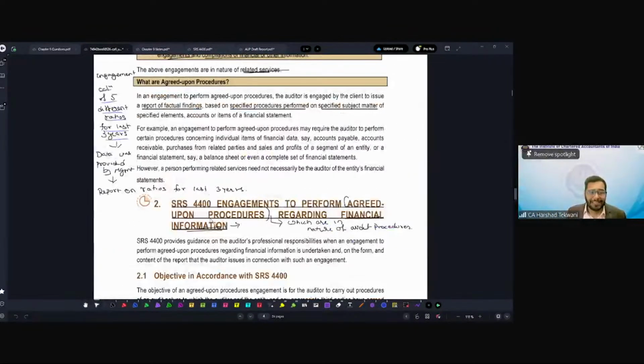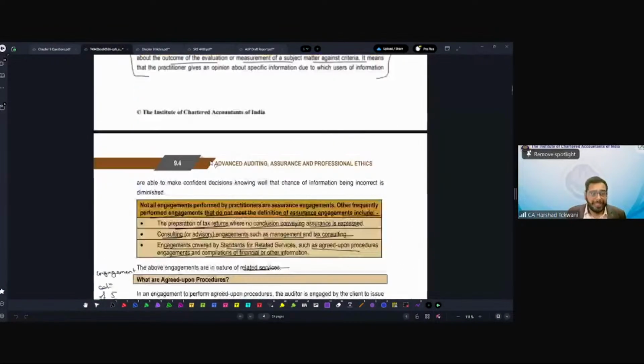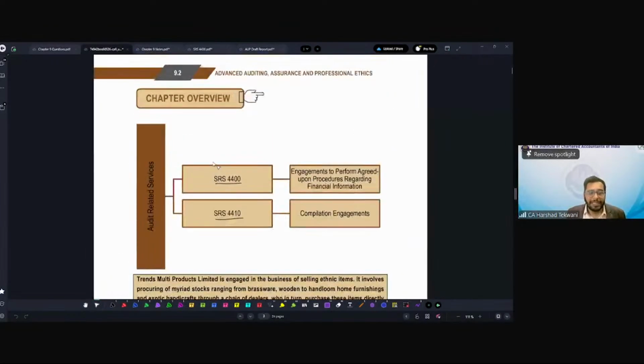This is the specific standard. Specific means, for example, SRS 4400 is for agreed upon procedures. Agreed upon procedures can be multiple, and there can be multiple different types of agreed upon procedures which get covered under SRS 4400. So SRS 4400 is a general standard which covers all agreed upon procedures.